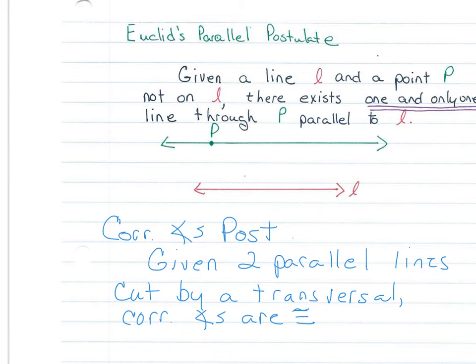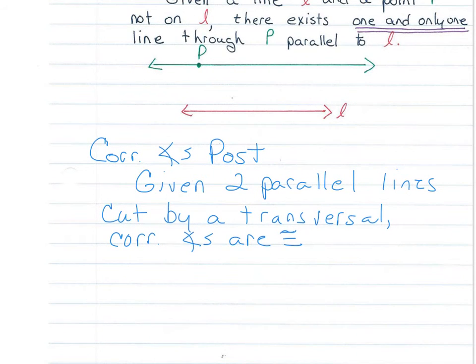So you'll use that in your homework assignment, which is on page 223 to 225. 1 to 15, and then 17 to 26 and 28. Be sure that you draw all diagrams.